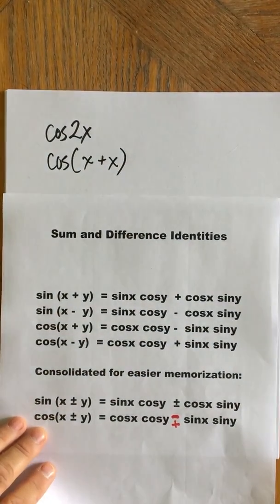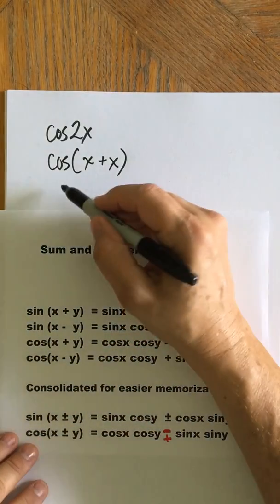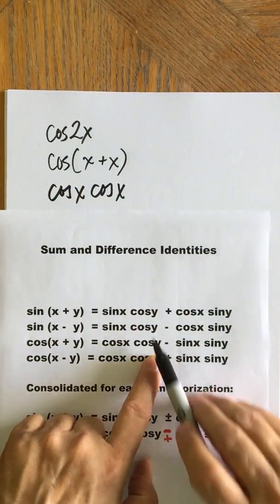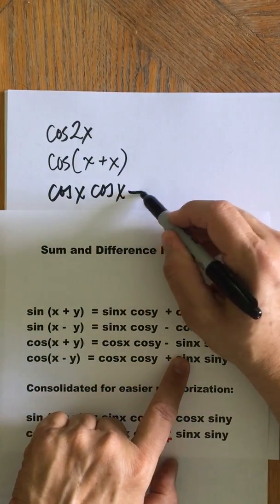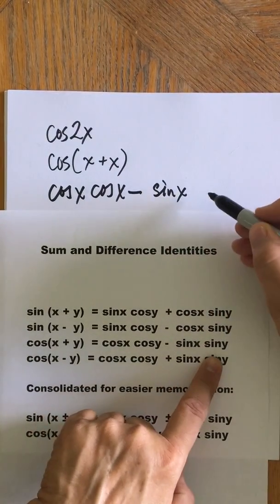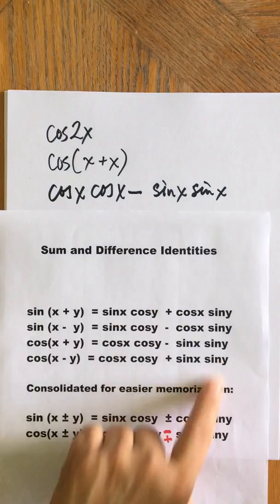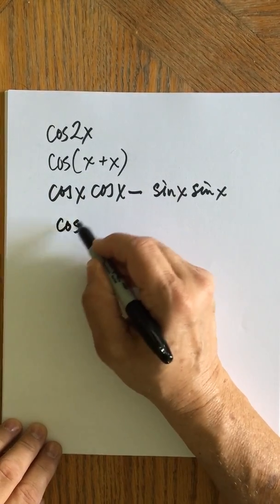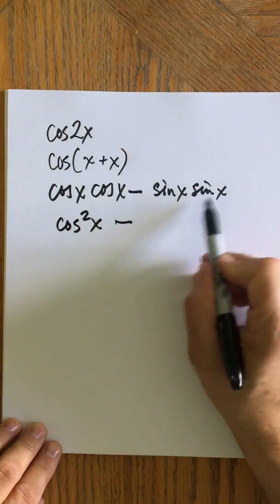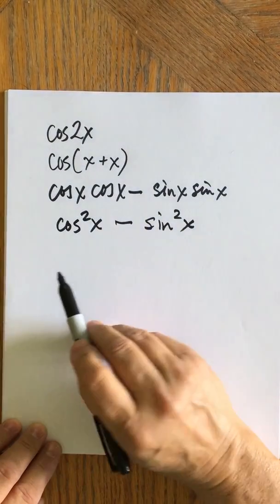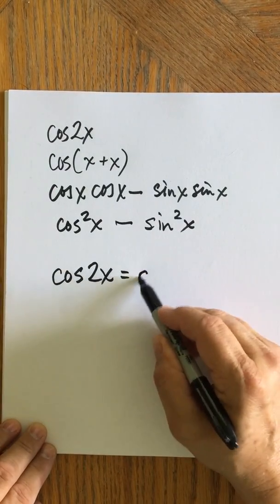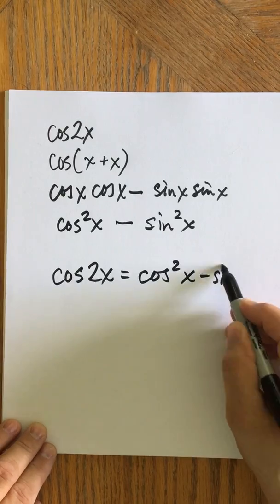So I'm going to use this formula: that's the cosine of x again, because y gets substituted with x, minus sine x again. Now I can see this is cosine x times cosine x, which is cosine squared x, minus sine squared x. So this is already one form of the double angle formula for cosine: cosine squared x minus sine squared x.